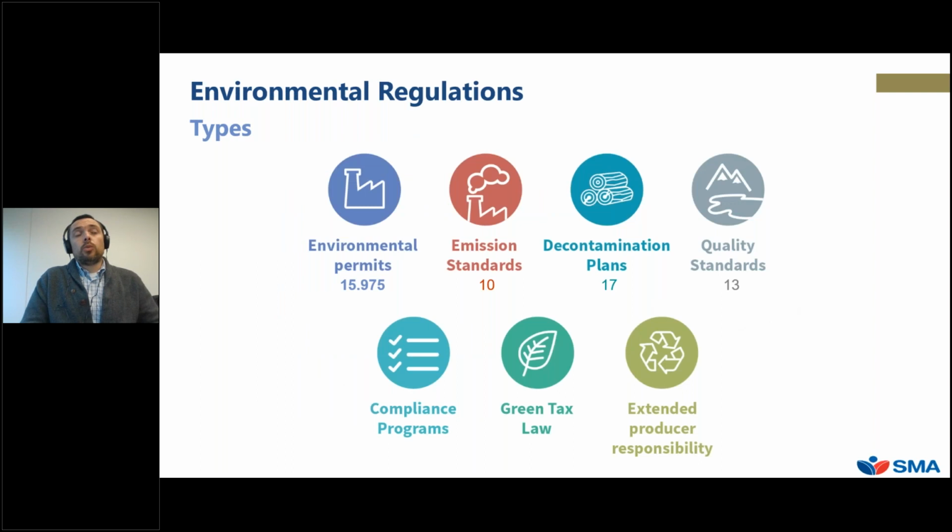We have to monitor everything, all kinds of environmental regulations. We have almost 16,000 environmental permits, which come from the EIA processes. We also have emission standards, decontamination plans, quality standards, compliance programs, a green taxes law, and an extended producer responsibility law. So you can imagine that the challenge is huge.